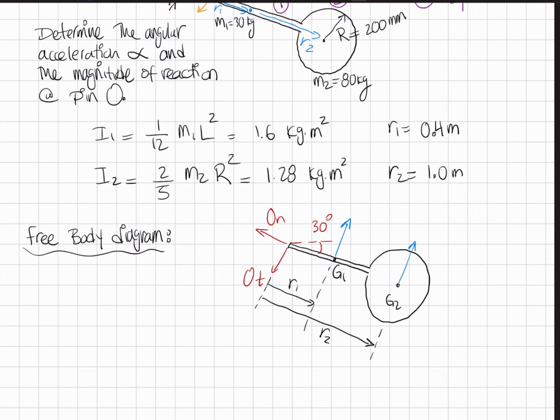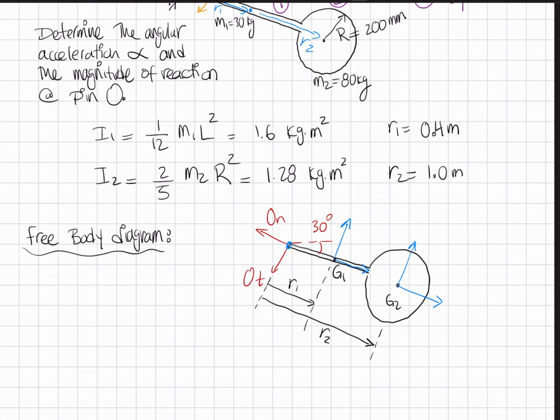We also want to look at the centripetal components, or the normal component. If I am rotating around point O, and point O is the centroid of my rotation, then the centripetal accelerations will be heading outwards and away from the center of rotation. So this here will be the direction of my normal acceleration for G1, and this will be for G2.